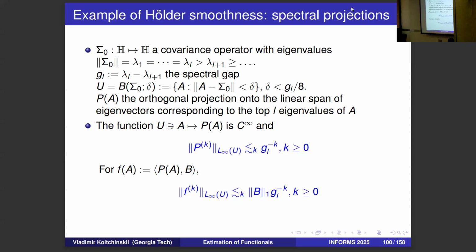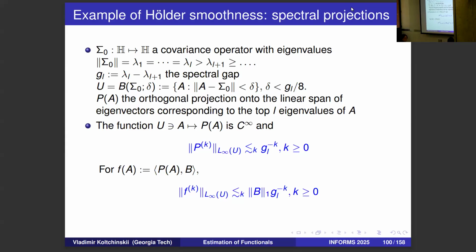So locally, you can use this Hölder smoothness, and you will have bounds on the derivatives expressed in terms of the spectral gap. So this is how this type of thing can be used if you deal, for instance, with such things as principal components. In principal component analysis is where this machinery could be used, okay?